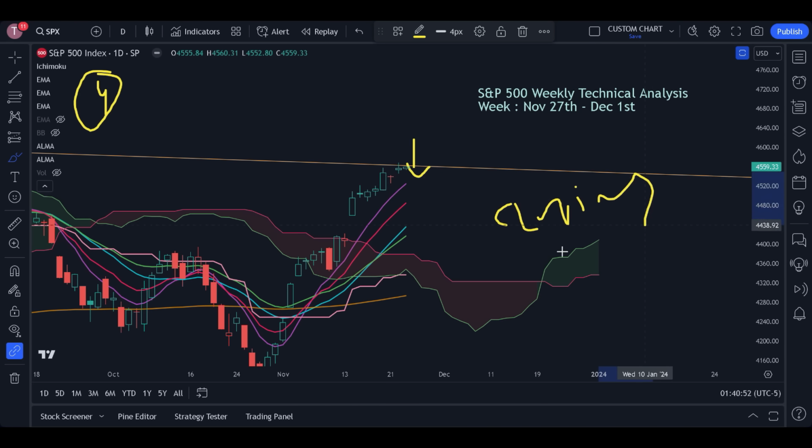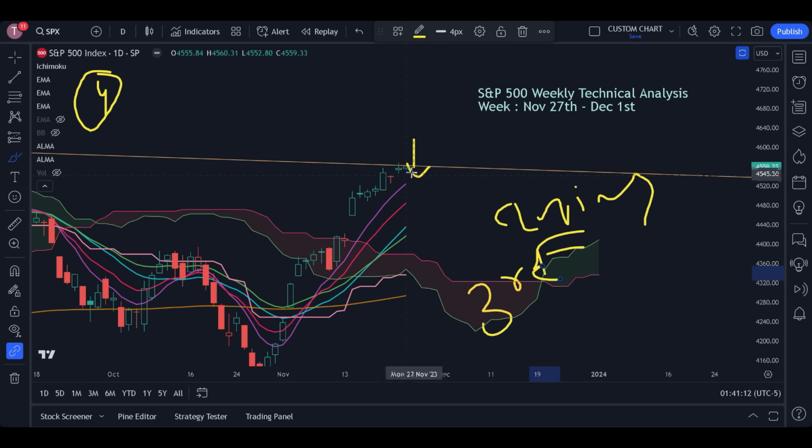The closing on Monday. In the S&P 500 case, it will be the third closing. If this closing again comes below the trend line on Monday, it will be almost 4562 or 4561.